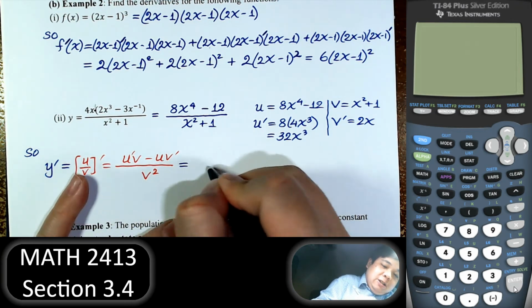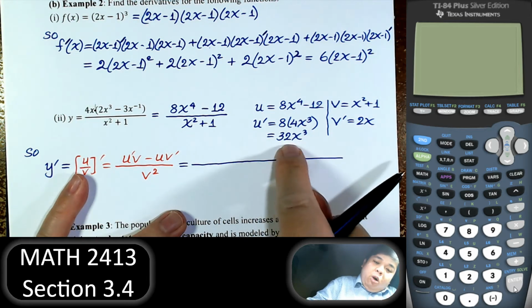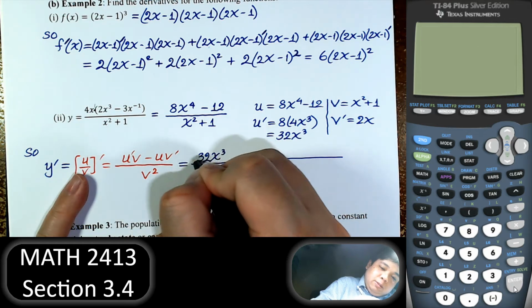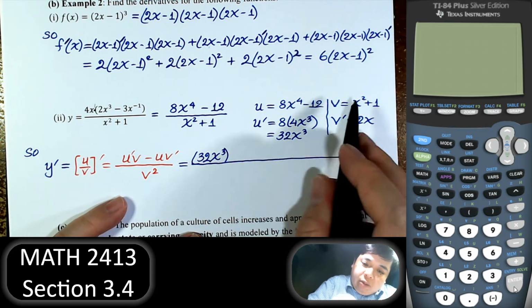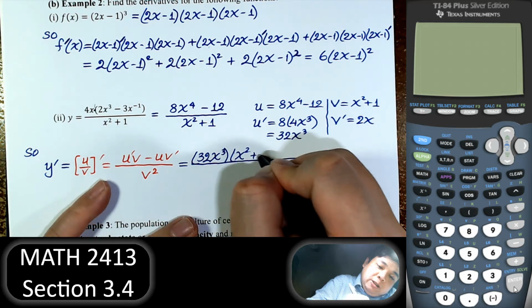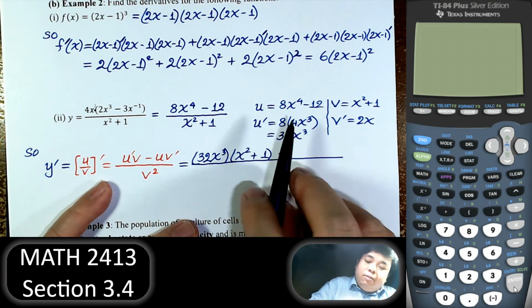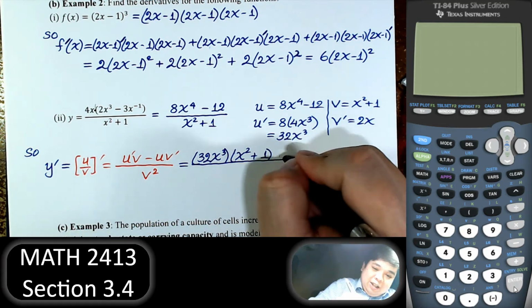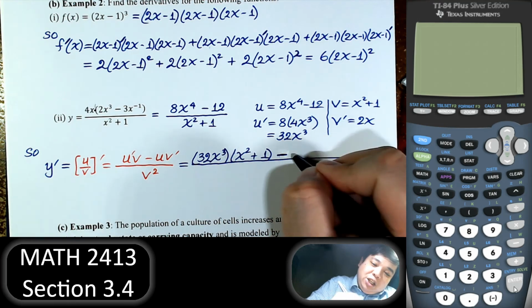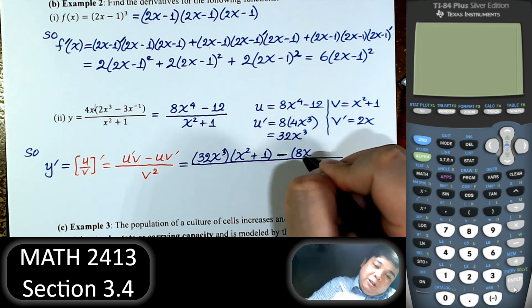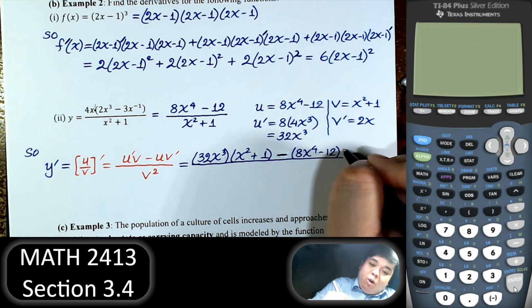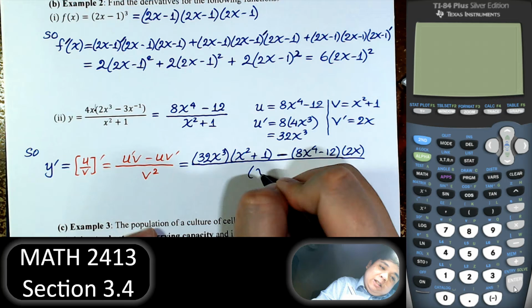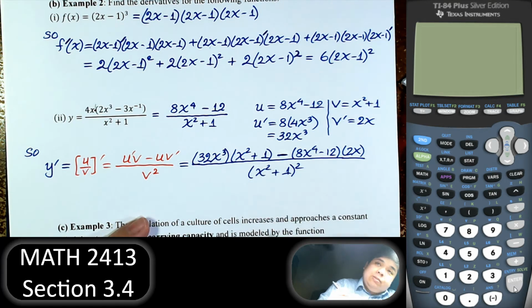Alright. u prime v, subtract u v prime, over v squared, right?